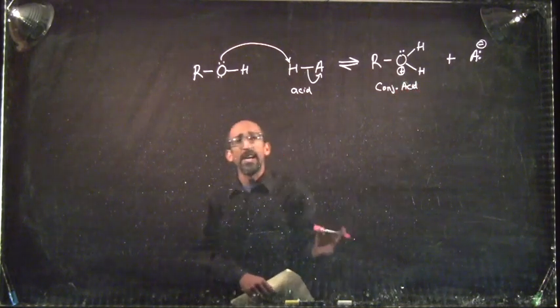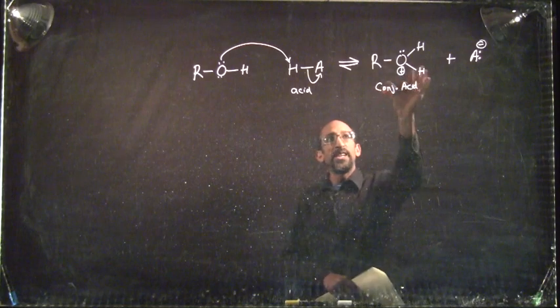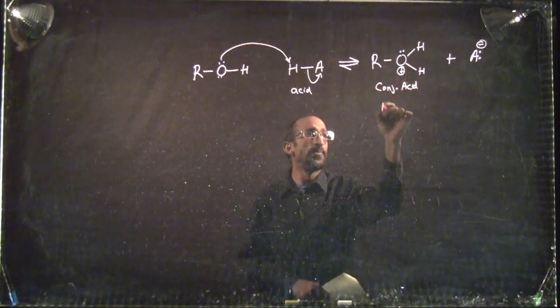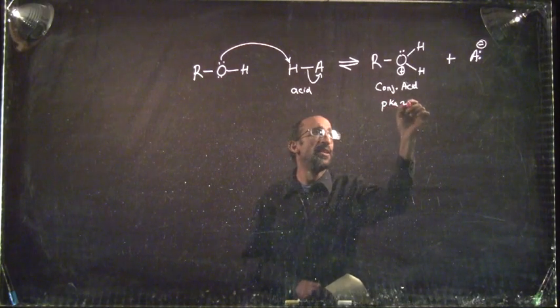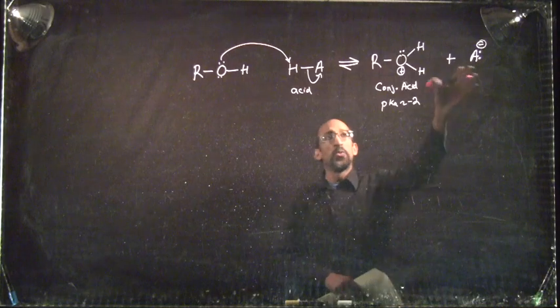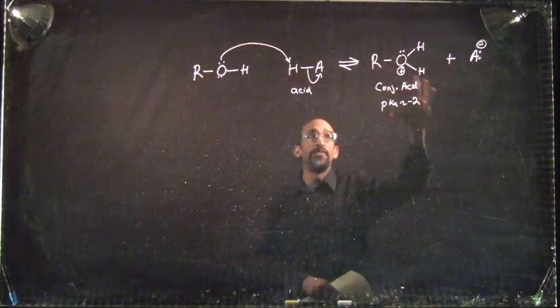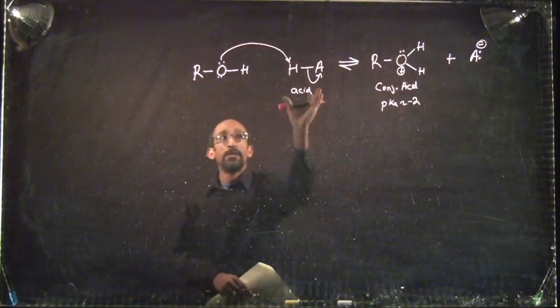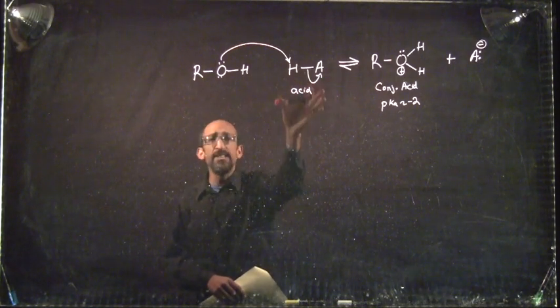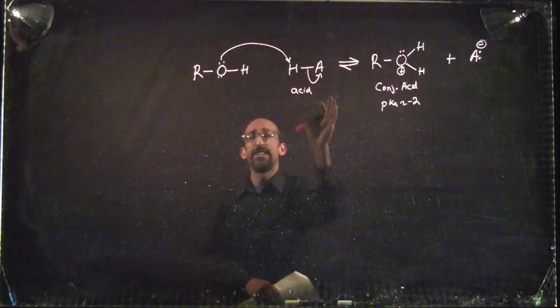Now we know from our pKa chart that the pKa of an oxonium is approximately -2. So in order for the side of equilibrium that we want, our oxonium side, to be favored, the acid on our starting materials needs to have a pKa less than -2.